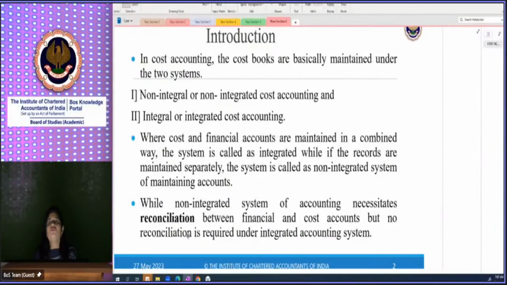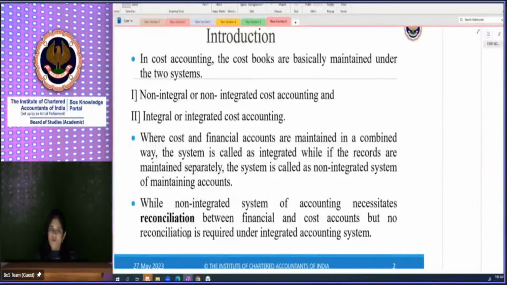We cannot have two profits in one organization. So we have to reconcile both the records to reach the same profit at the end of the accounting year. So non-integrated means two separate sets of books, cost records and financial records. Integrated means only one set of books, cost accounting and financial accounting in one set of books.